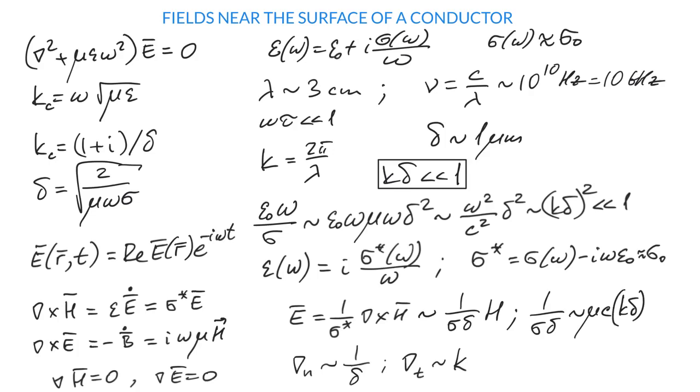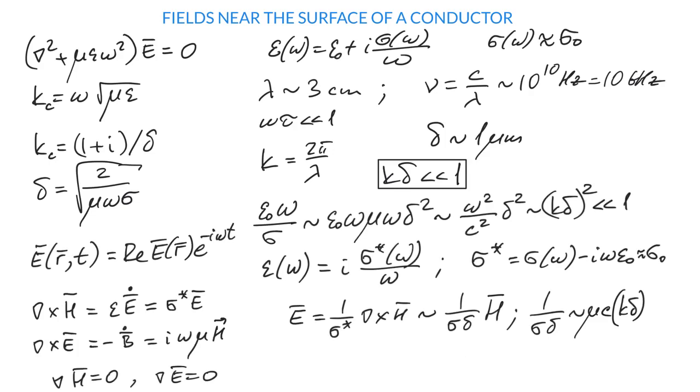Now, if we look at the connection between the electric and magnetic fields, if we took away the factor k delta, then E of the order of mu c H would be of the order you expect the field to have in vacuum, given the magnetic field. However, here we have an extra factor k delta, that is a small parameter. So we find that the electric field in the conductor is small by the parameter k delta. So the leading field is magnetic.